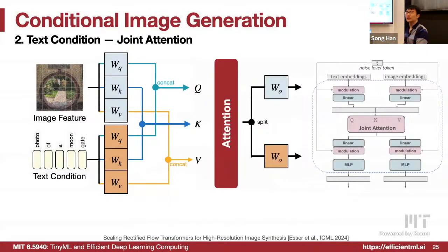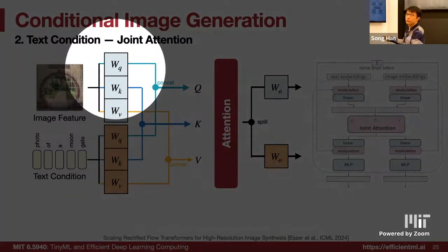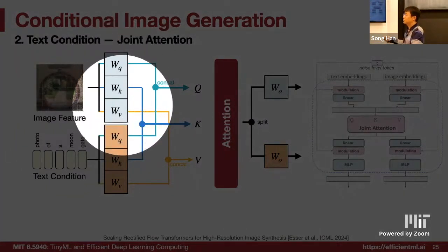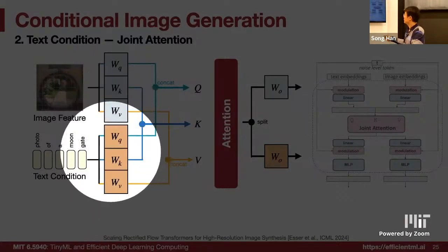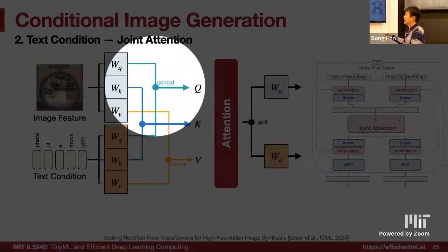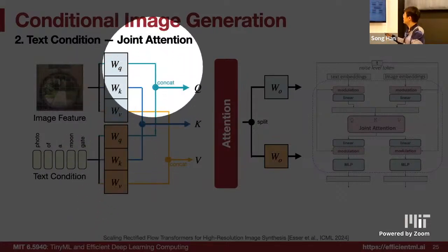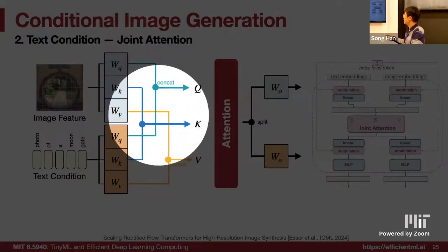But in joint attention, the image feature and the text feature are actually symmetric. They are passed through independent QKV transformations. This is the QKV transformation for the image. This is the QKV transformation for the language, for the text. And then we concatenate them after the transformation. This is the query from the image feature. This is the query from the language feature.